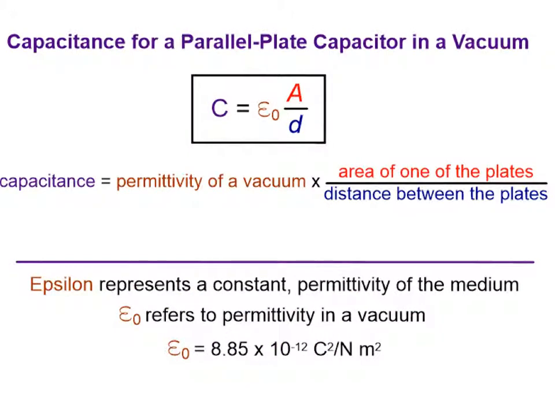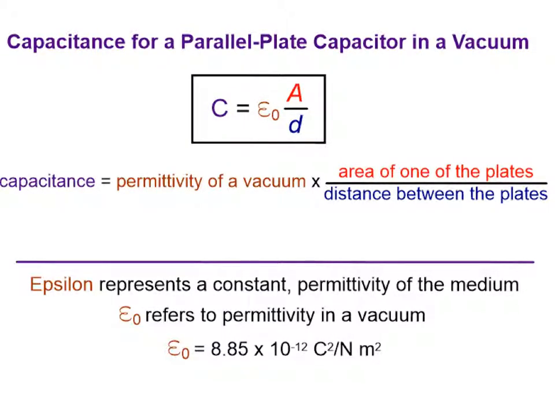Now, if we have a parallel plate capacitor and we do not have any material in between the plates, essentially a vacuum in between the plates, we can represent that by this equation. The capacitance for that kind of capacitor is equal to the permittivity of a vacuum. This Greek letter epsilon represents permittivity, and the little 0 represents a vacuum.